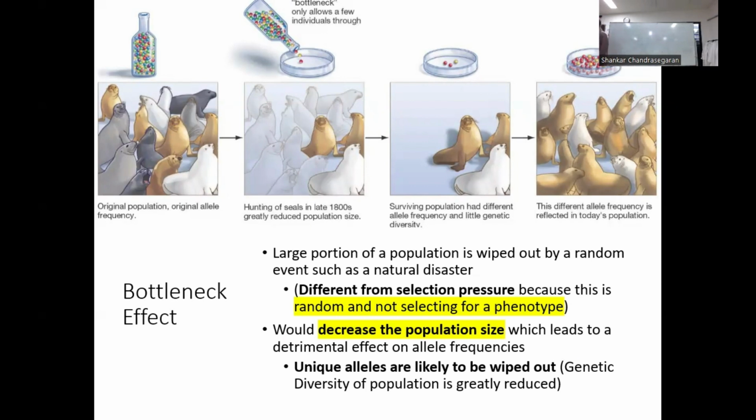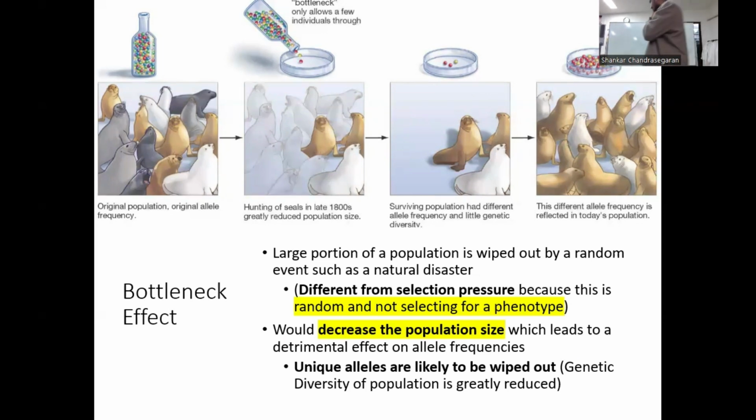So here, because the seals were hunted for their meat indiscriminately, whatever remaining seals start to influence the allele frequency of the population moving forward. So only brown and white alleles were passed on to the future generations, and only those alleles can be found further down the generations, as you can see in that picture, right?